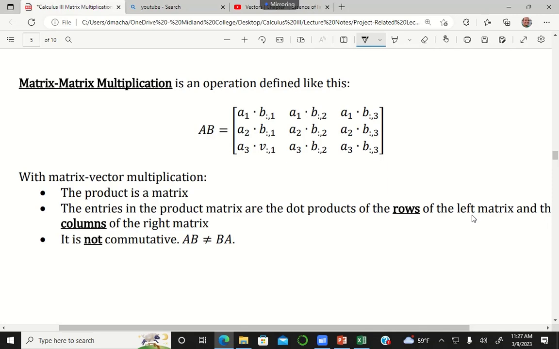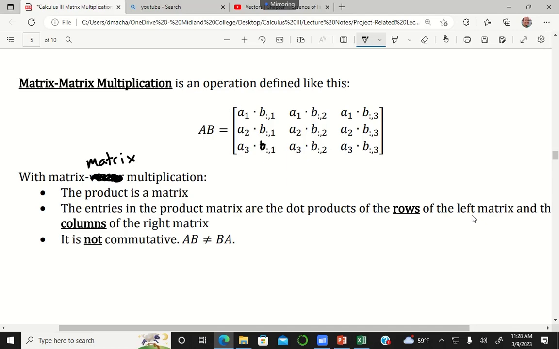So we've just talked about matrix vector multiplication. We could also do matrix matrix multiplication. Oops, there's a typo, this should be a B. Matrix multiplication is where you take two matrices.